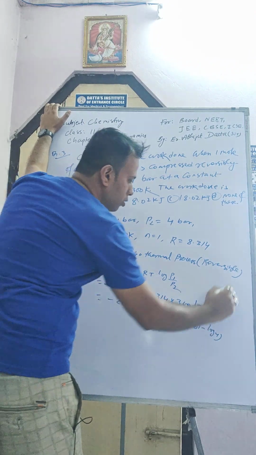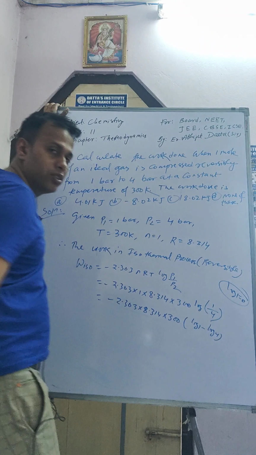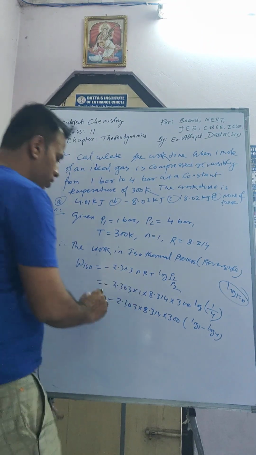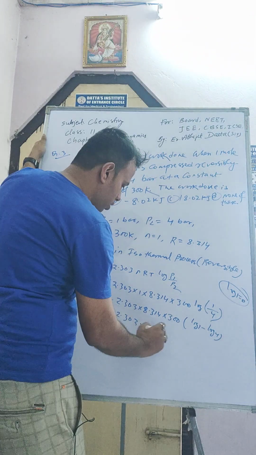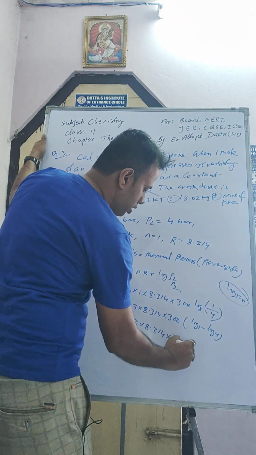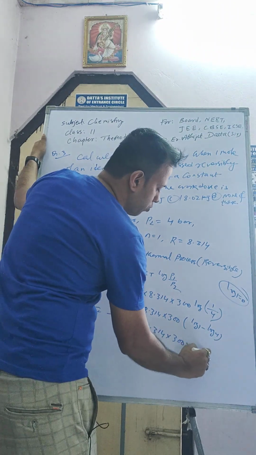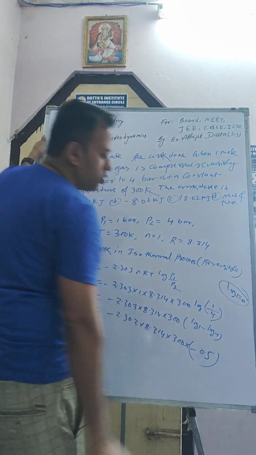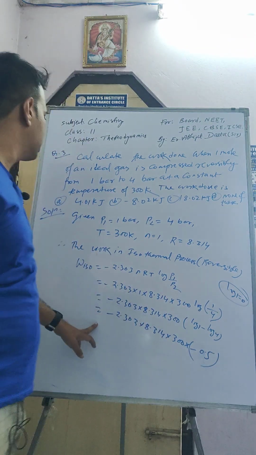Log 1 is 0. So log 4. So 2.303, 8.314, 300 into minus log 4 will be what? 0.6, approximately. So now minus minus will be plus.